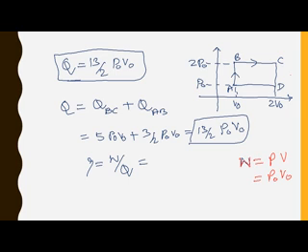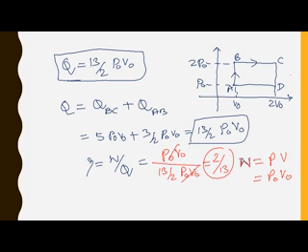Then P naught V naught divided by 13 by 2 P naught V naught, cancel each other, then 2 by 13. What is the value of 2 by 13? 0.15. This is the efficiency of the heat engine in the PV diagram. Here it is a PV diagram, not a temperature entropy diagram. Okay, thank you students.